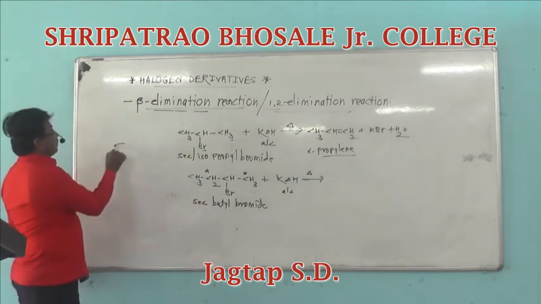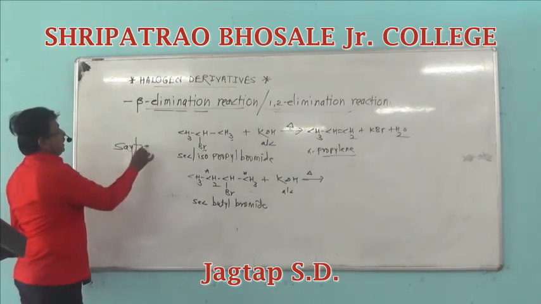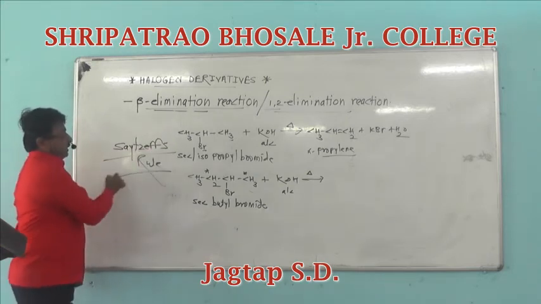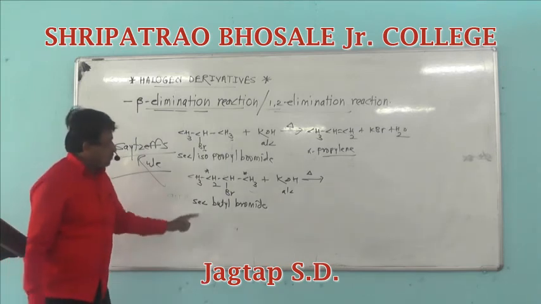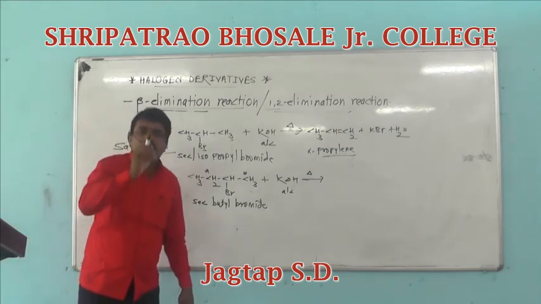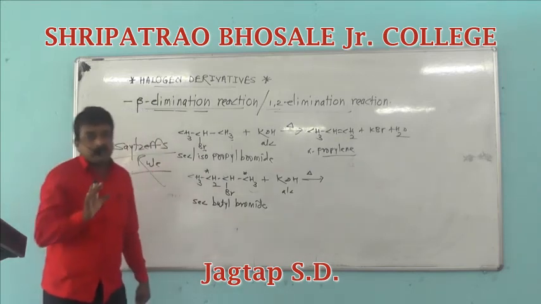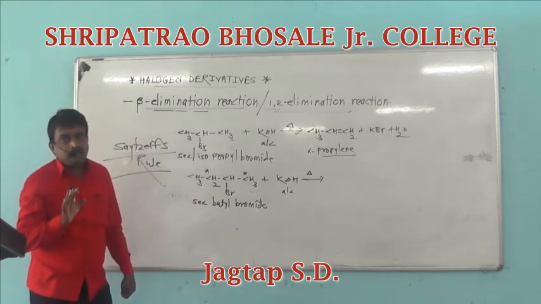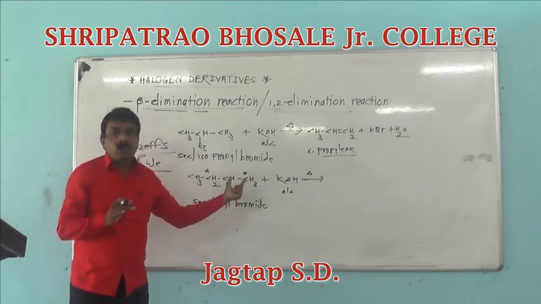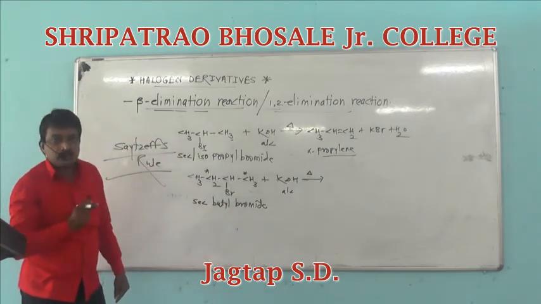According to Saytzeff's rule, the carbon carrying a less number of hydrogen atoms is preferentially eliminated. So there is possibility to form 2 products.